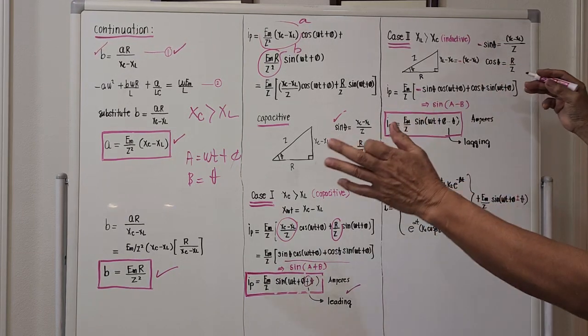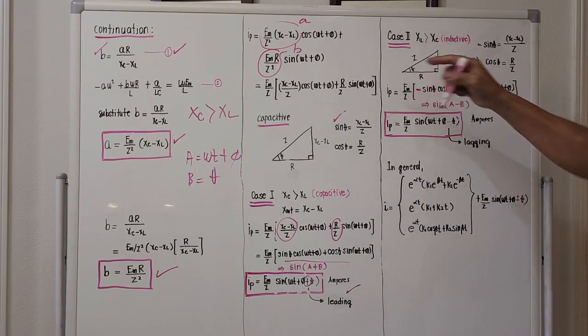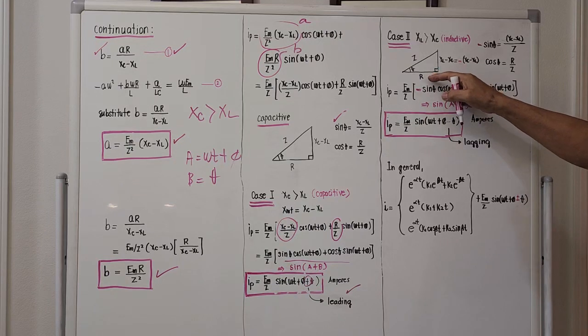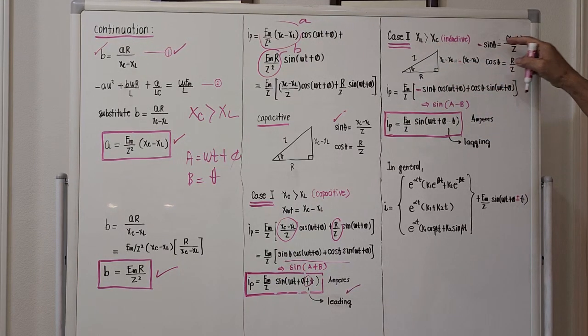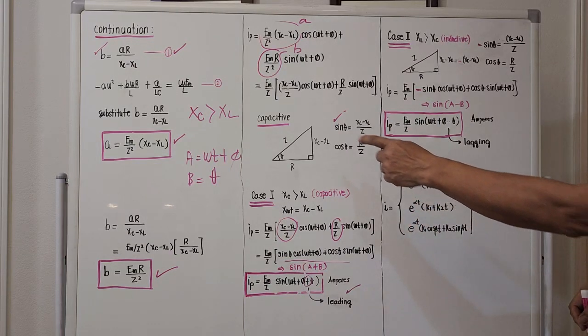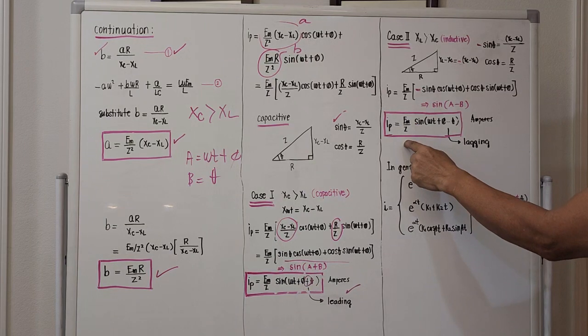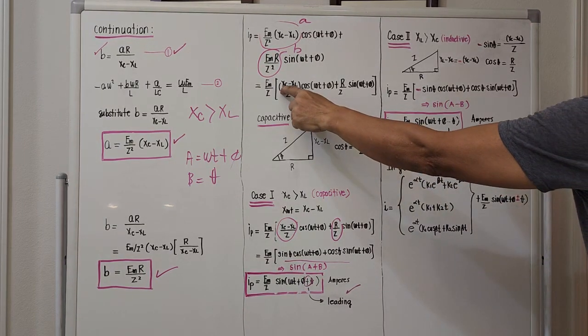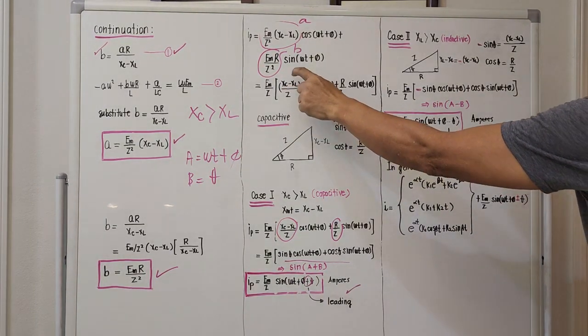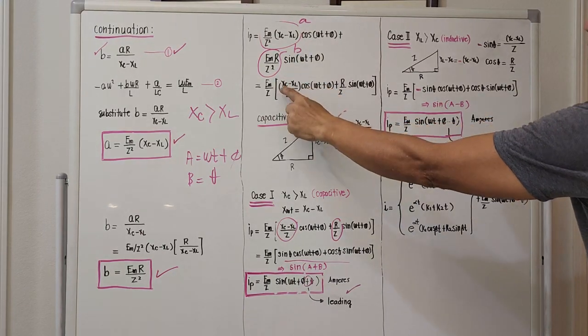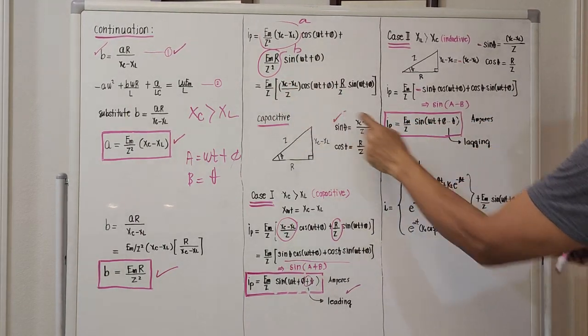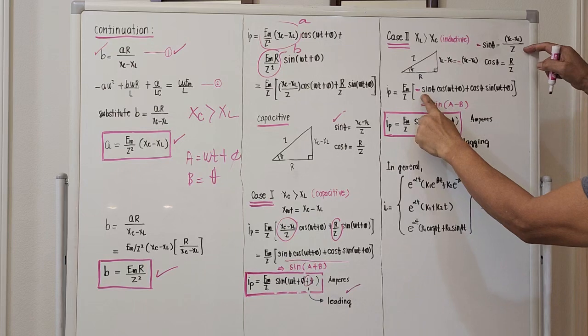And cosine of theta doesn't change. If theta changes, it will just be simply the ratio R over Z. So cosine of theta for case number 2 is still R over Z. So if we try to go back here, it will now be E sub m over Z. But the ratio X sub C minus X sub L over Z will be negative sine of theta.